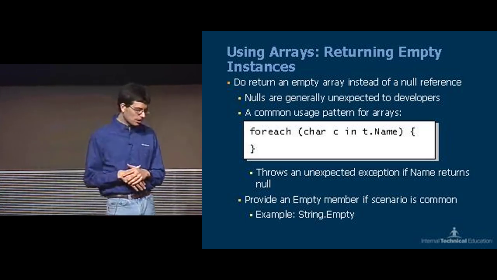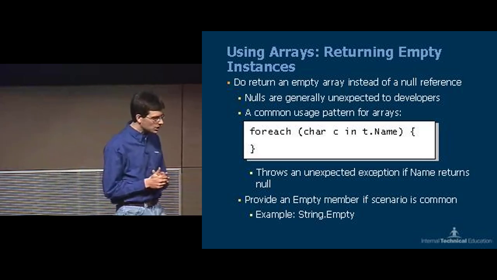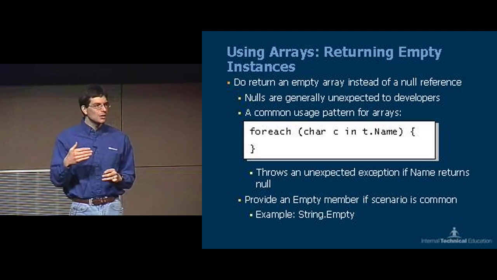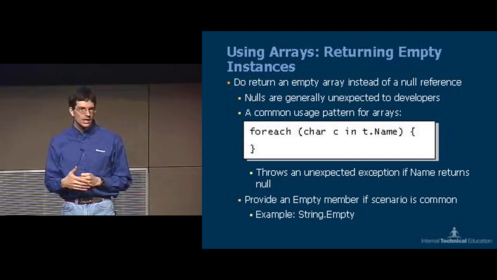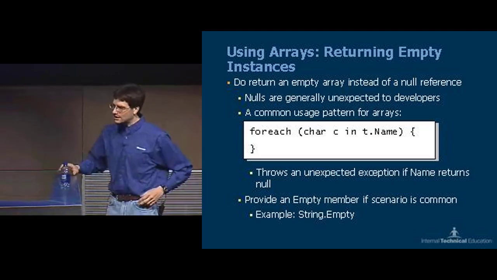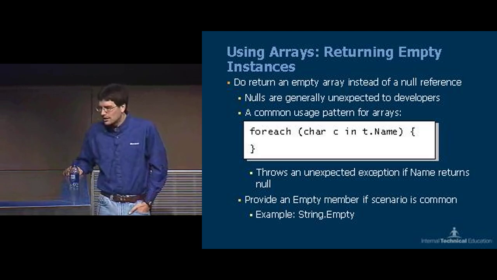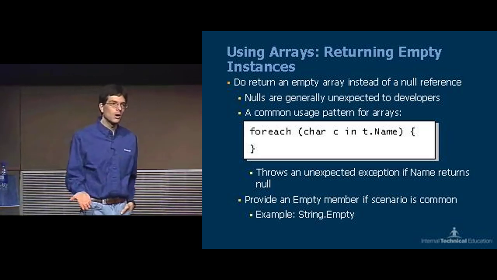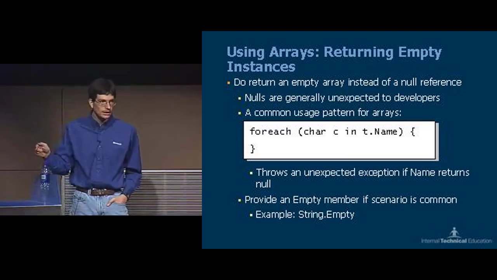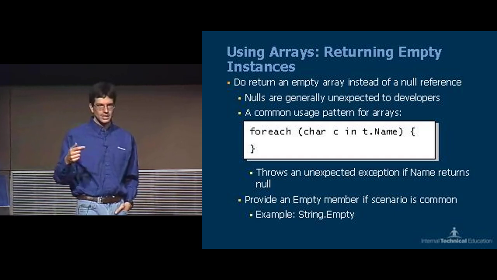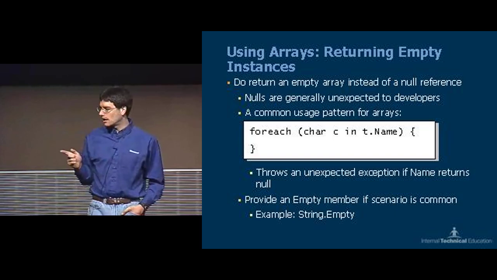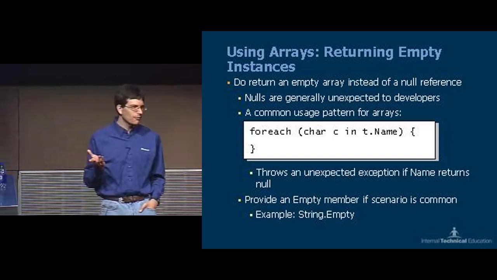Then the usability argument is kind of what I've outlined here: if you don't do that, it would be surprising to developers. Developer expectation would be missed. So, for example, if I'm for-eaching over the characters in a string, and that string happens to come from t.name, and t.name returns null, then this is going to throw a null reference exception.